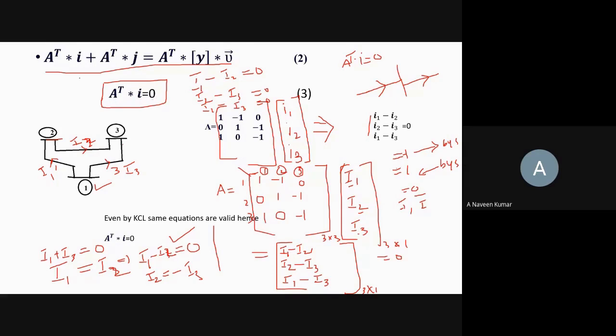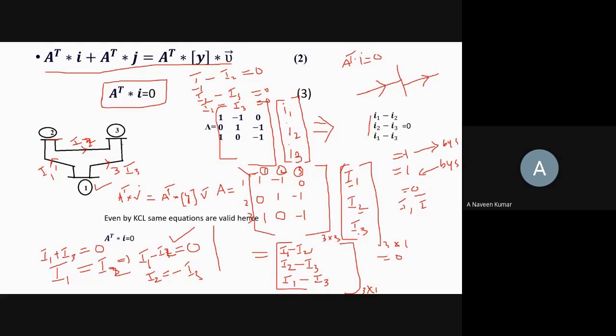So substitute this in equation number 2. What will we get here? If you substitute that, this is 0, no, we'll get A transpose into J is equal to A transpose into Y into small v.